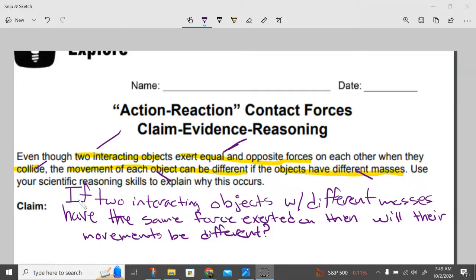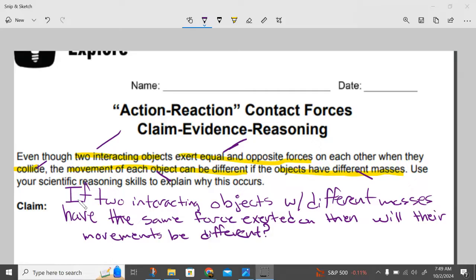Whatever your claim was, if you said that they will have different movements, which I think that's what we're seeing here, then I would say, then their movements will be different. And that could be your intro sentence to your actual reasoning paragraph.